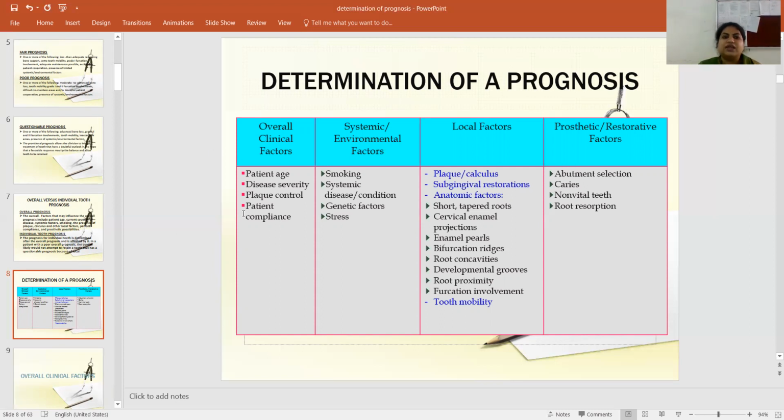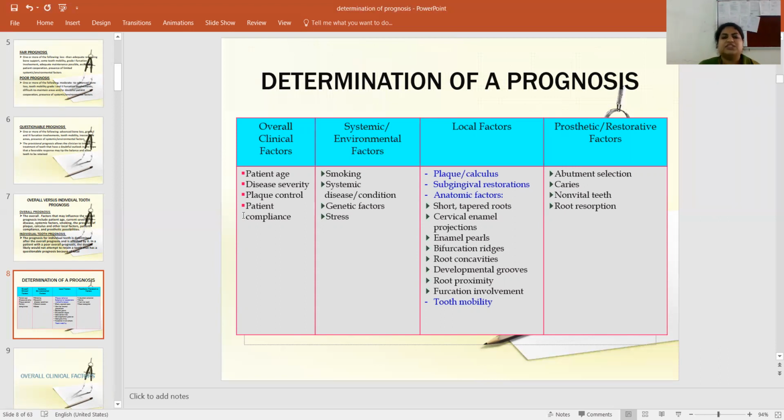So these are the overall clinical factors. Then systemic and environmental factors, which include smoking, systemic disease and conditions, genetic factors, and stress. These are the systemic factors you need to see.